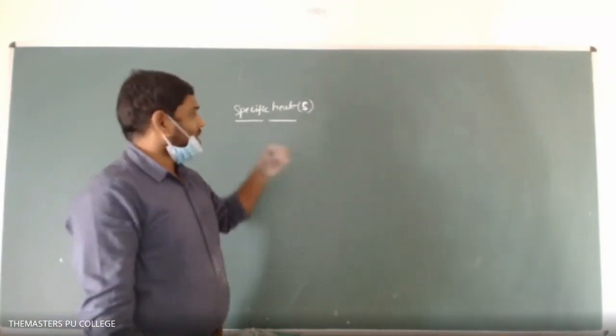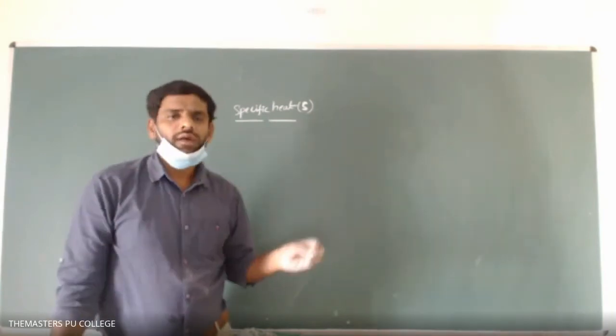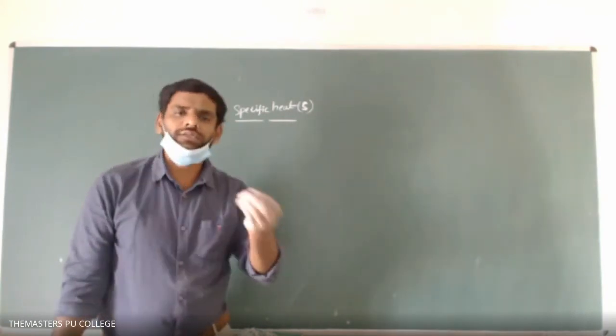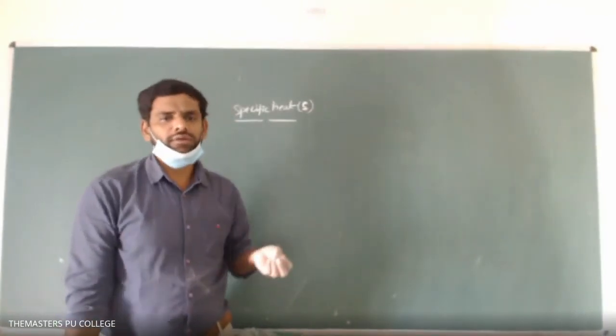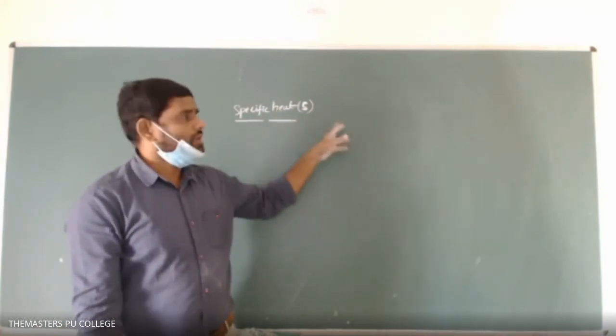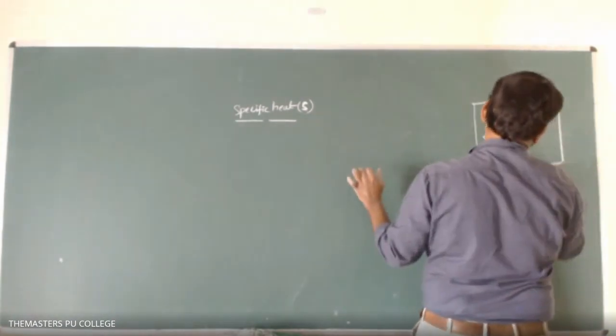Instead of the entire substance, the heat required to raise the temperature of unit mass of substance through 1 degree Celsius or 1 degree Kelvin is known as specific heat. Earlier we have taken the entire block, no? So for example, here this is the entire block we have taken.